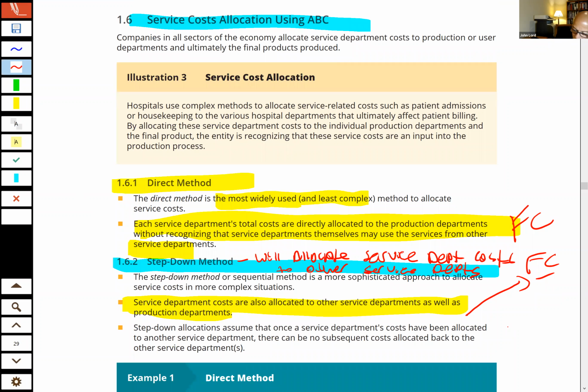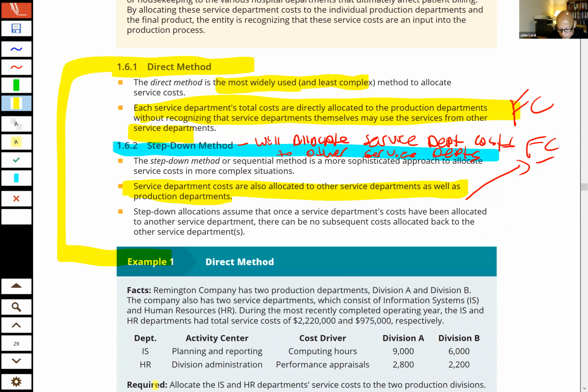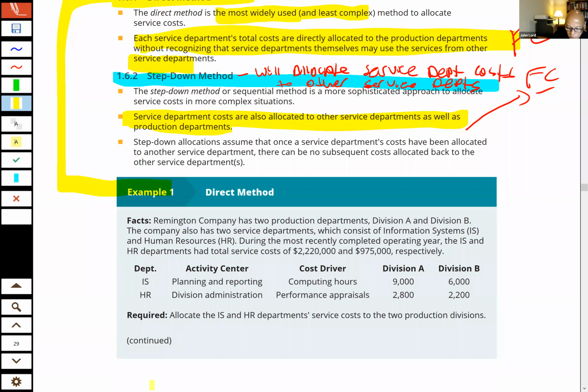Okay, so let's look at the examples. Direct method. With the direct method, we have the two different divisions, Division A and Division B, and we have the service department activities, the planning and division administration.